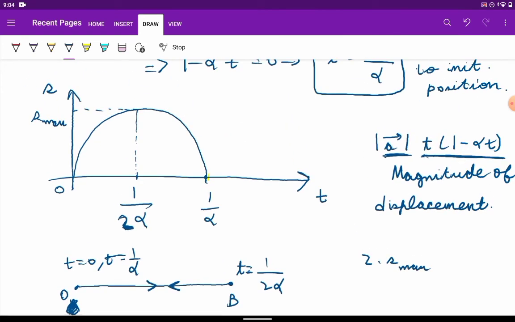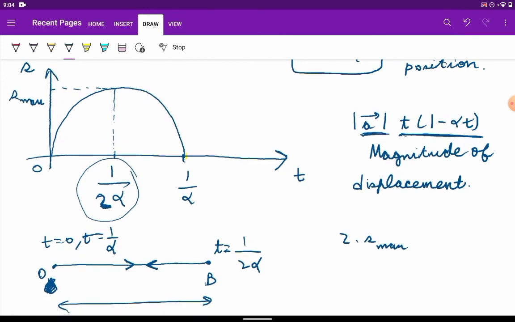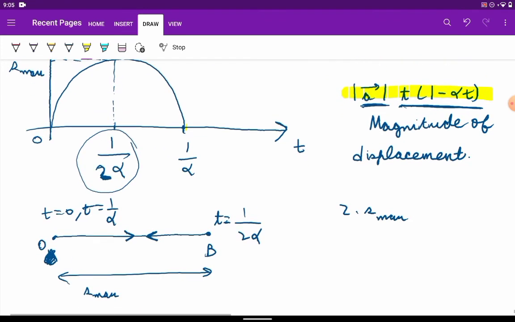What is S max? If we substitute 1 by 2 alpha in the displacement equation, we'll get 2 times mod A, T is 1 by 2 alpha, into 1 minus alpha into 1 by 2 alpha.